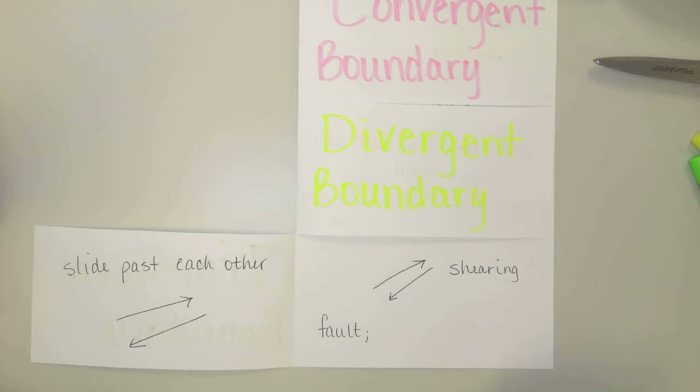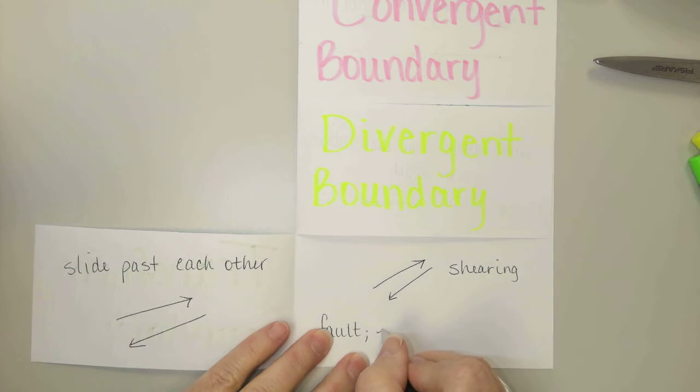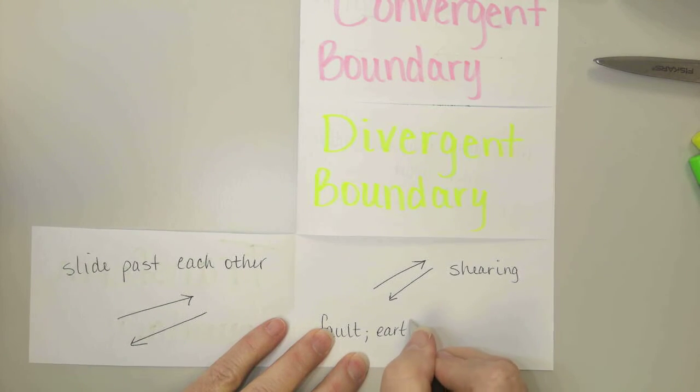You guys are probably familiar with the San Andreas Fault in California. It was in that movie that The Rock was in, Dwayne Johnson. So that is the San Andreas Fault, and that was caused by two continental plates sliding past one another in a transform boundary.